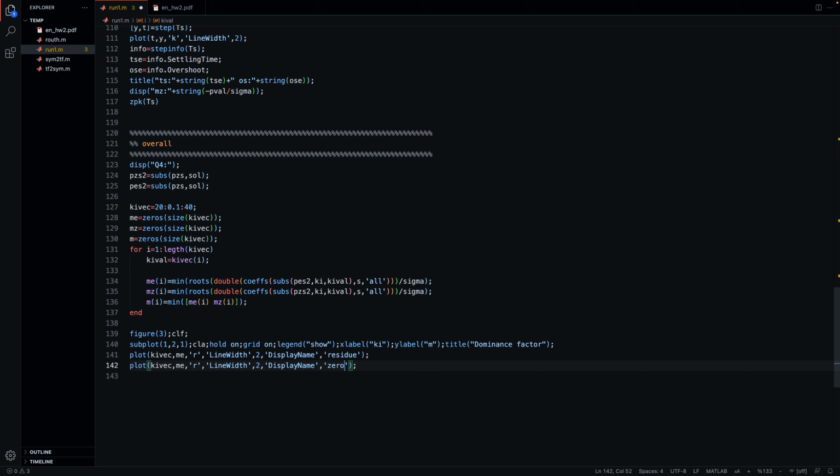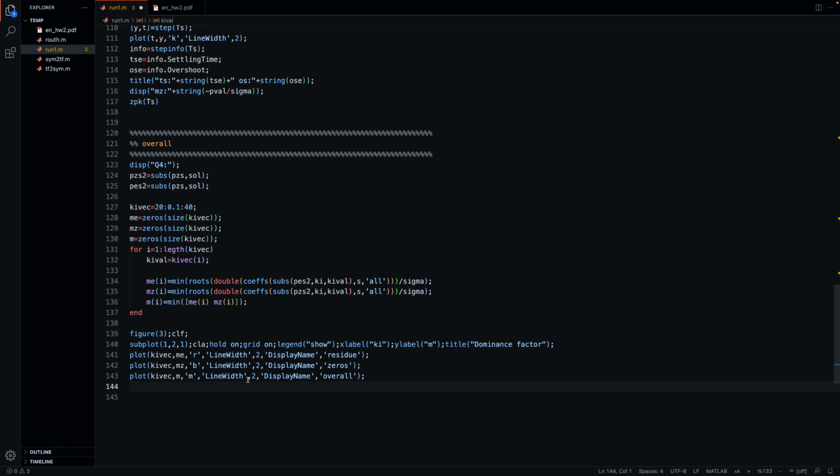Now these are going to be the zeros. Let's plot it in blue. Let's call it mz, and let's have magenta here, and overall could be a good point.